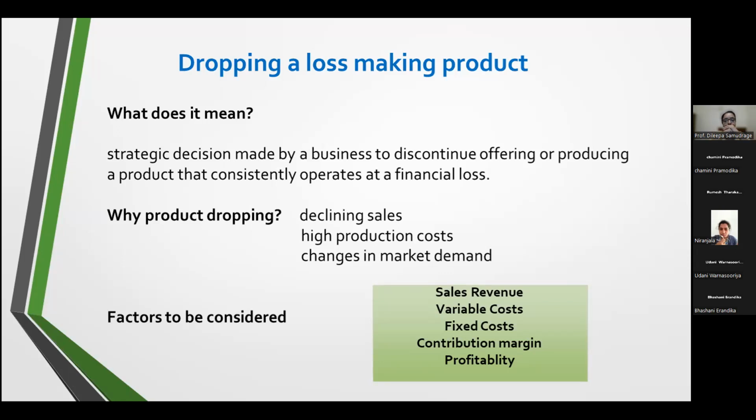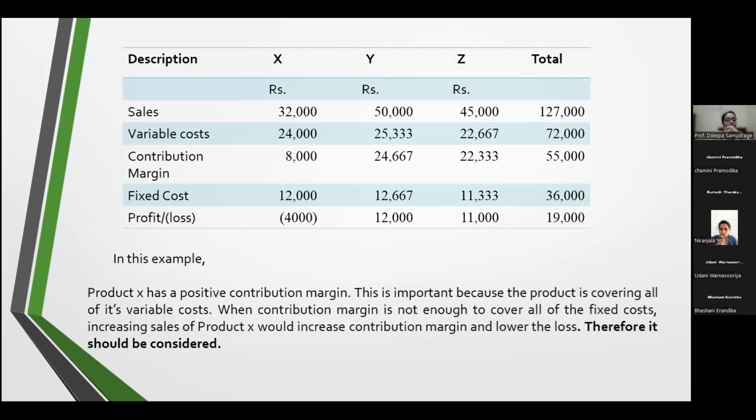Product X is making a loss of 4,000. So we use the contribution margin as a decision point to decide whether to drop a loss-making product or not.